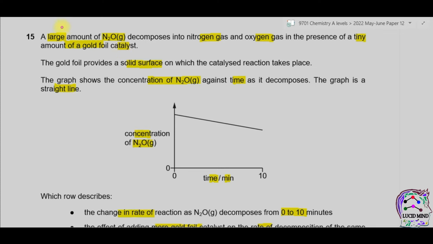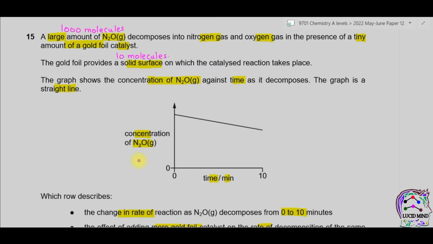Let's suppose we have 1000 molecules of N2O gas, which is a very large amount, and only 10 molecules can fit on the surface of this tiny catalyst. So actually the limiting reagent is the solid surface. It is not the concentration of N2O gas.